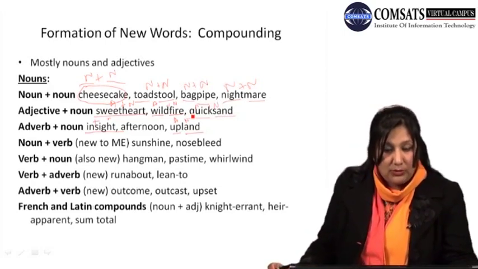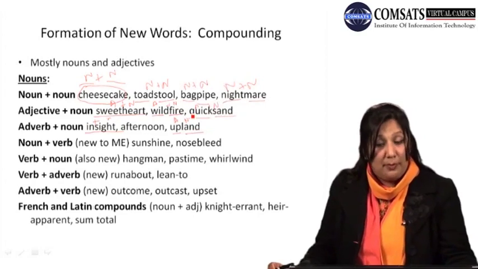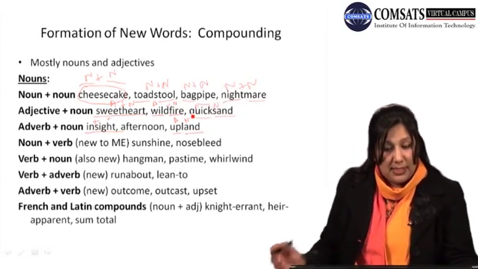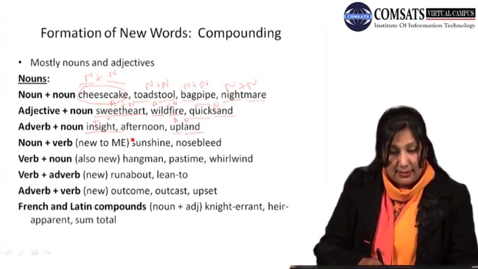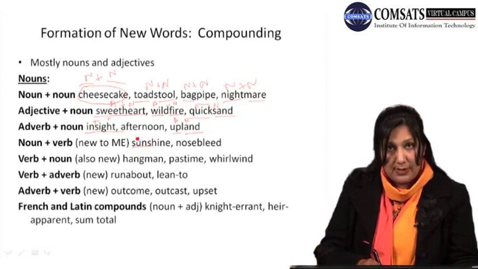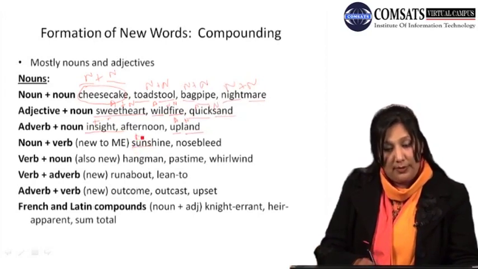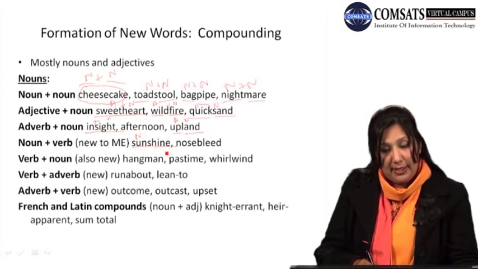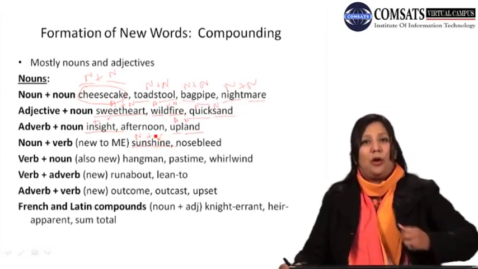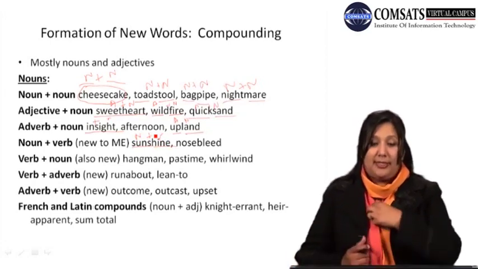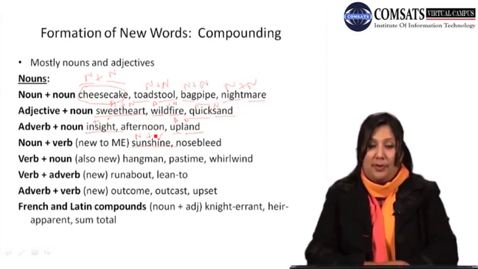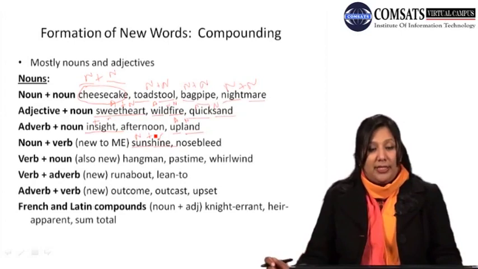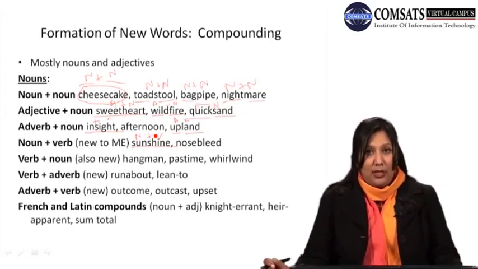Noun plus verb. The next category was new to the Middle English period. Firstly, we see sun. The word sun, as all of us know, is a noun, and shine is a verb. So a very new, unique combination is that of noun plus verb, and the same unique combination is that of adverb plus noun.